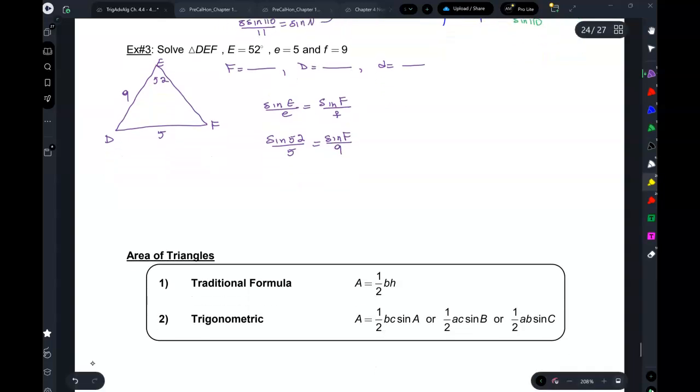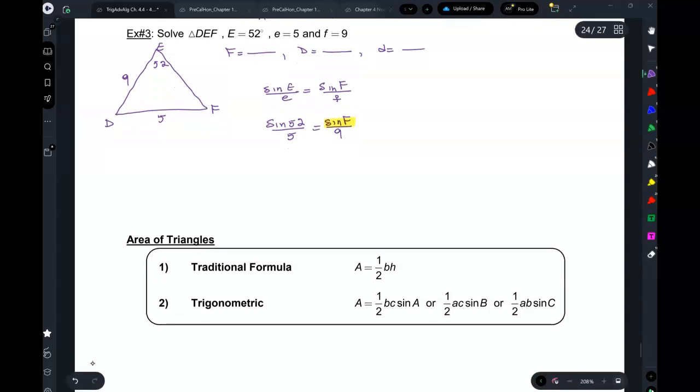Okay, now what's our unknown? Sine of F. That's my unknown. Okay, so here's what I do. I write that unknown here with a fraction bar, equals to a fraction bar.